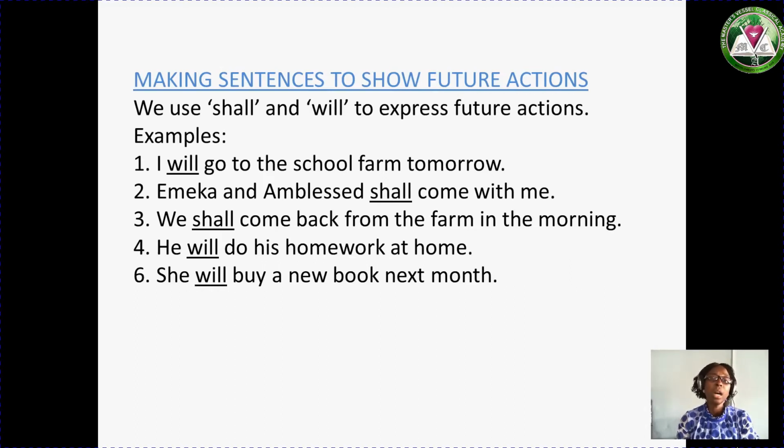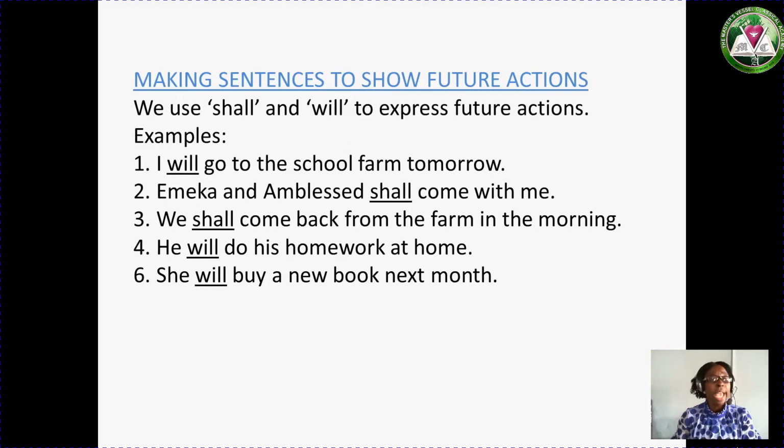If you look at the sentence, you will see that I underlined will. And that's to show you that the sentence shows future actions. You've not gone to the school farm. Rather, you will go tomorrow.